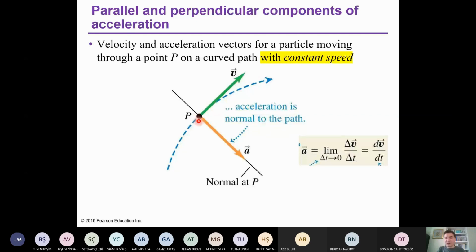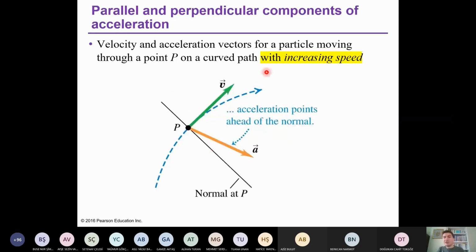As I have explained in the previous transparencies, the speed is constant, but speed is the magnitude of this vector. This vector also has direction, and since direction changes, we have a delta V, and then we have an acceleration, and the direction of the acceleration is along the delta V, which is parallel to the normal to the path. Do you have any question here?